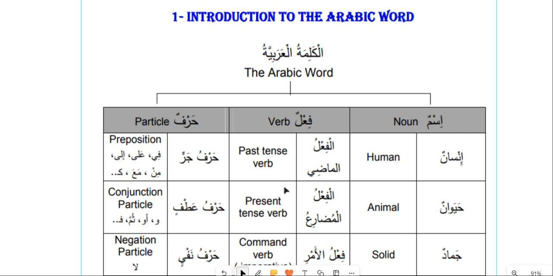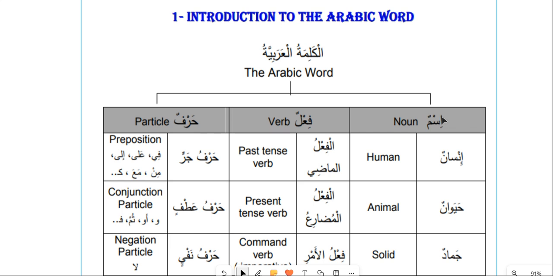Now when you learn Arabic grammar, you should be very specific and have a very clear idea. As in English grammar, you have a lot of things in nouns like names and country names, and tenses. There are past, continuous, and this and that. But in Arabic, we have three main tenses, and the total Arabic word is divided into three things.